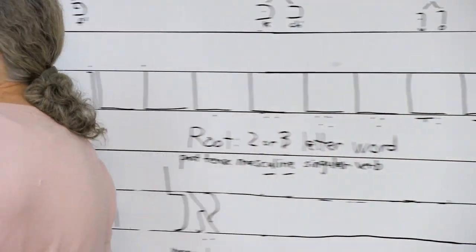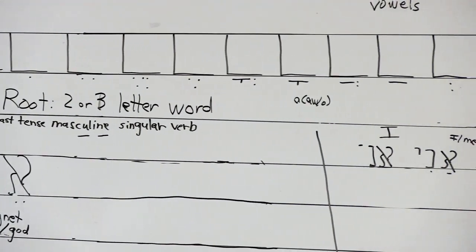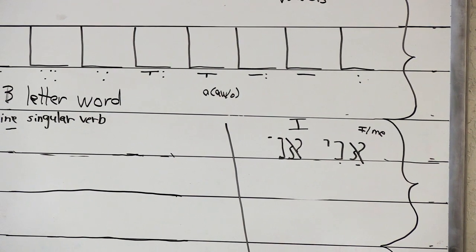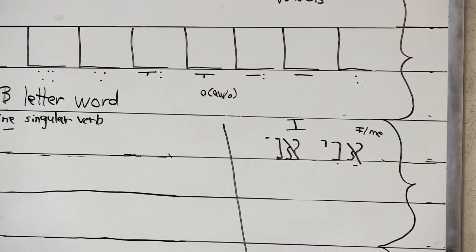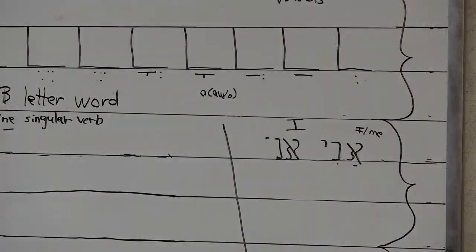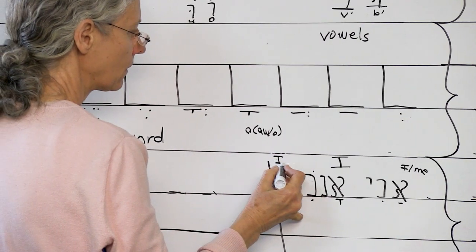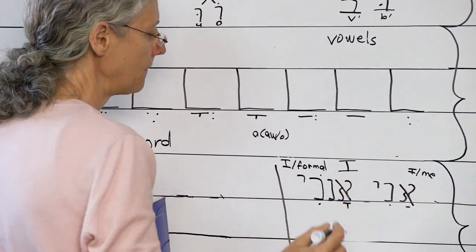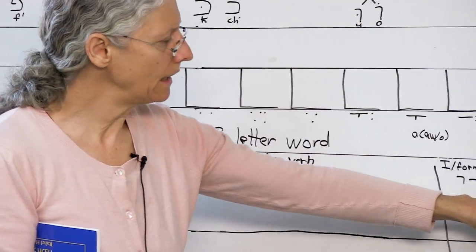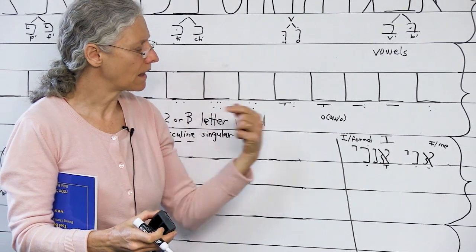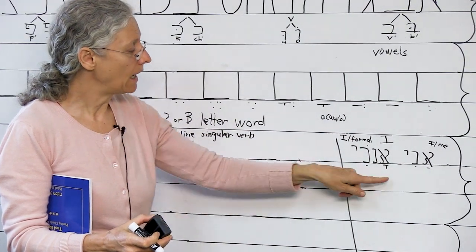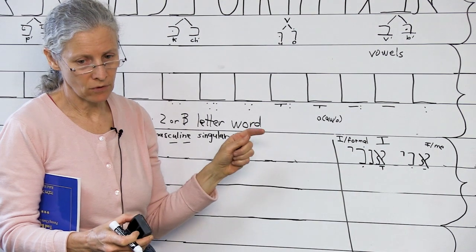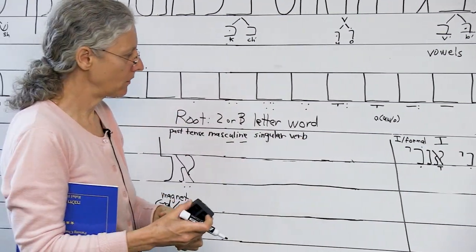Let me just get my little book form here. Anochi means I, formal. Oh, that's actually where God's talking. If I can just take a look at this. I, formal. Okay? So, ani is I, or me. Anochi is I formal. So royal I. Okay?